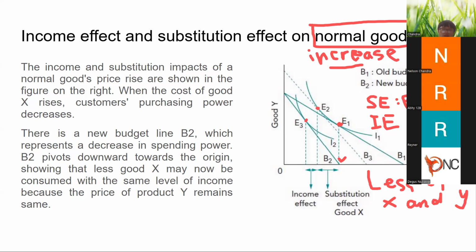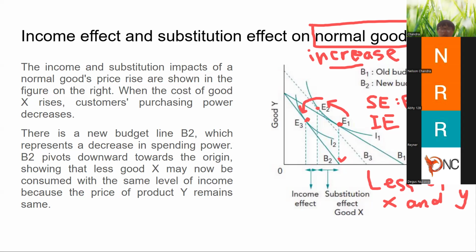That means the income effect should move further away to the left, because you are going to purchase less normal goods. That's why from E1 to E2, then from E2 to E3, all of this moves in the same direction.